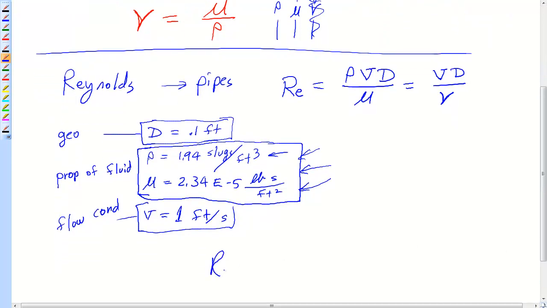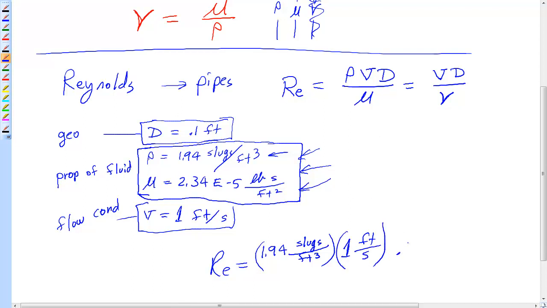If we want to calculate the Reynolds number, it's just fairly simple. Let's grab the rho, 1.94 slugs per foot to the third. Now let's grab the velocity, 1 foot per second.